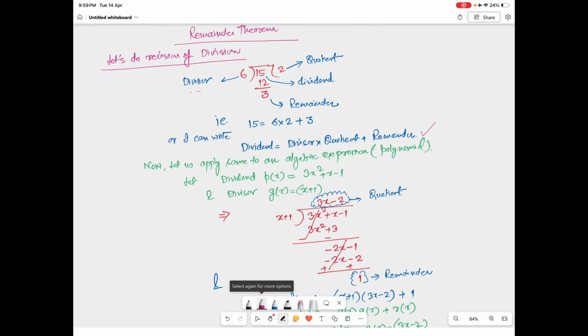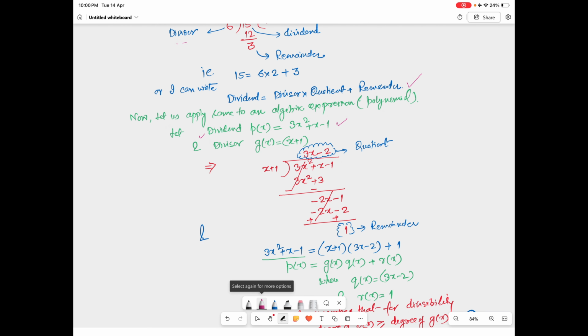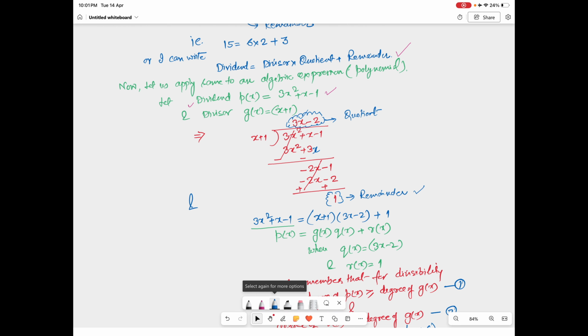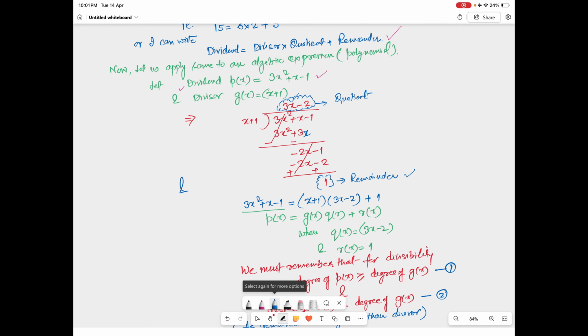Now, I am taking an example. Suppose there is a dividend, one polynomial p(x) is equal to x square plus x minus 1. This is the polynomial. And if I divide this polynomial with x plus 1, then what are we going to get? You see that we are getting remainder as 1. So, I can write dividend is equal to divisor into quotient plus remainder.